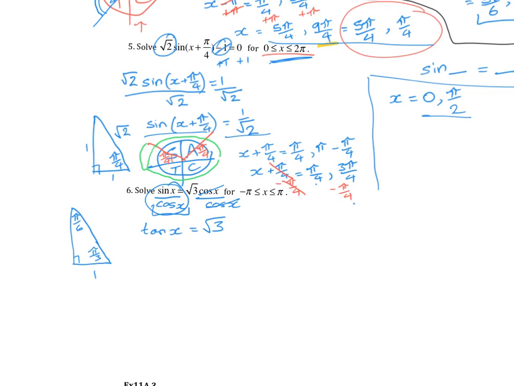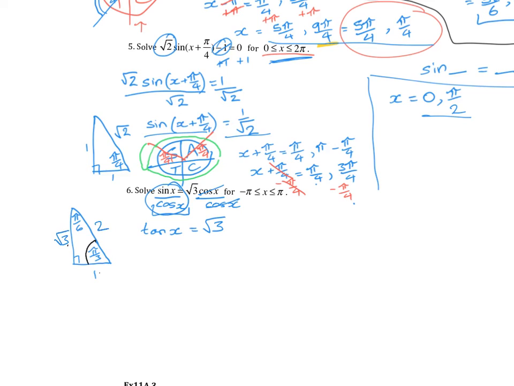And I do strongly recommend drawing these triangles for every question, and you're going to get better at remembering them. Okay, so tan of what is just root 3? Remember, tan is opposite over adjacent. So opposite is root 3, adjacent is 1, root 3 on 1 is root 3. So our acute version of the angle is pi on 3.